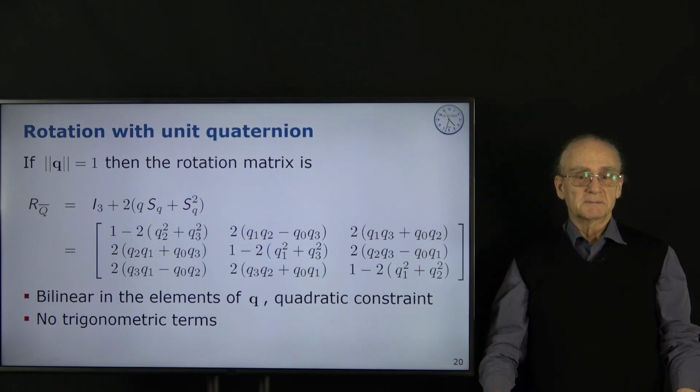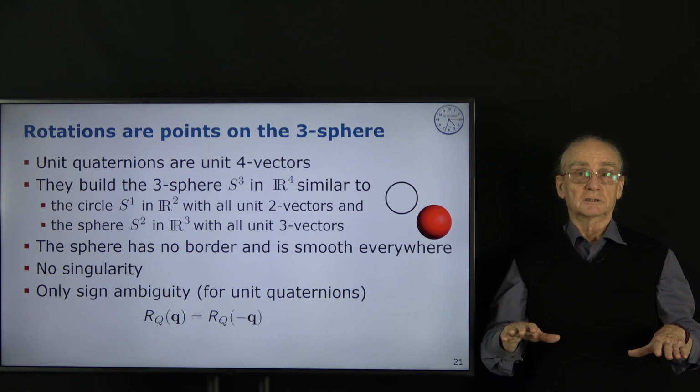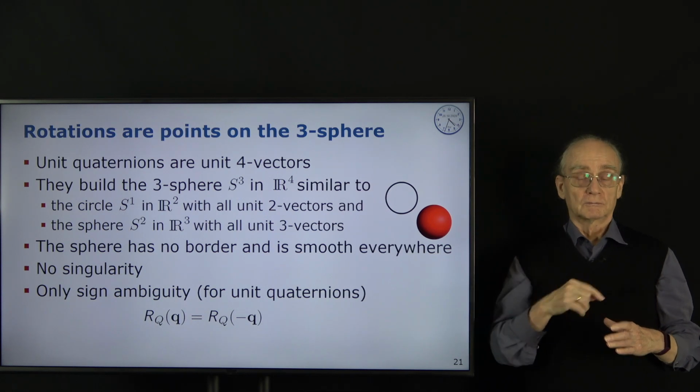Now what does this mean geometrically? We see that unit quaternions are unit 4-vectors. That means that they are unit vectors in a 4-dimensional space. If we go back to 2 dimensions, we have the unit vectors in 2D, and they build the circle.